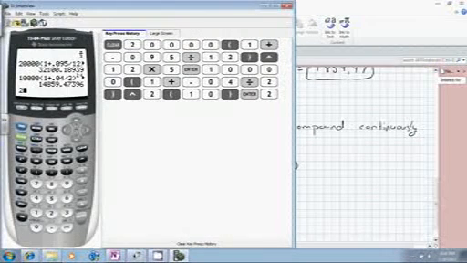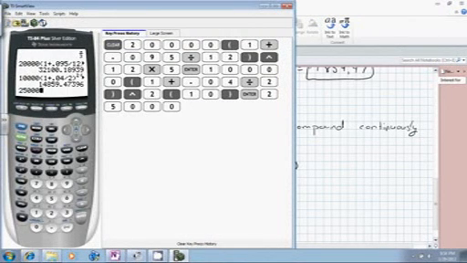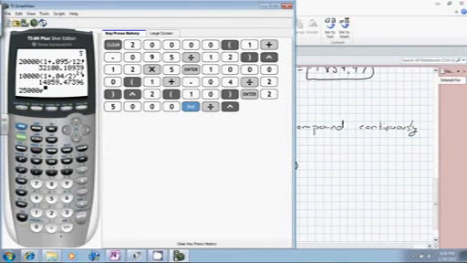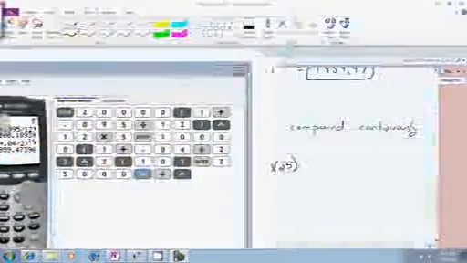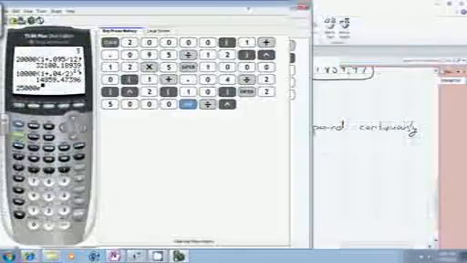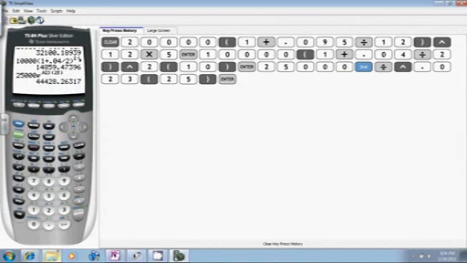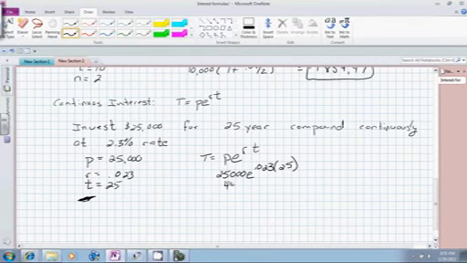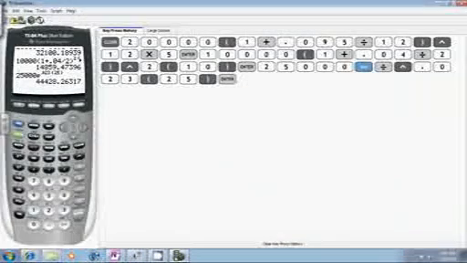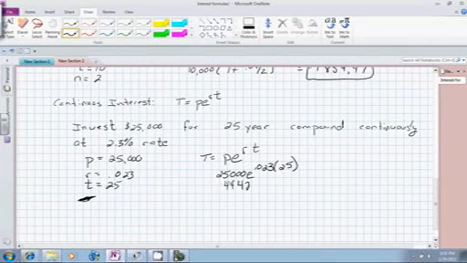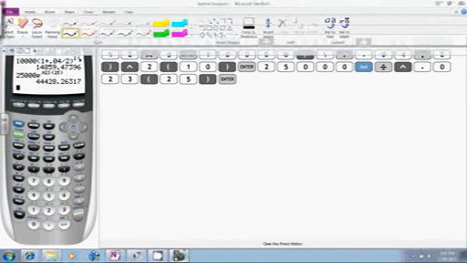So 25,000 times E, you can hit second divide to get E, raised to the, what was my rate again? 0.023 times 25. Gives me $44,428.26. Okay.